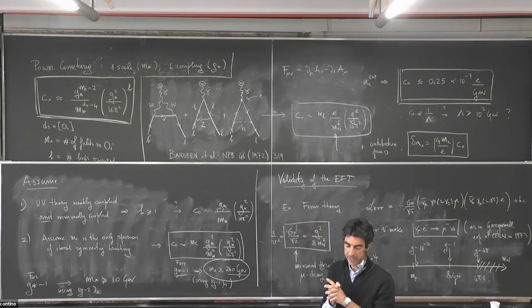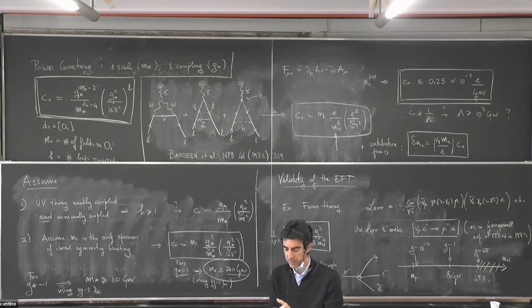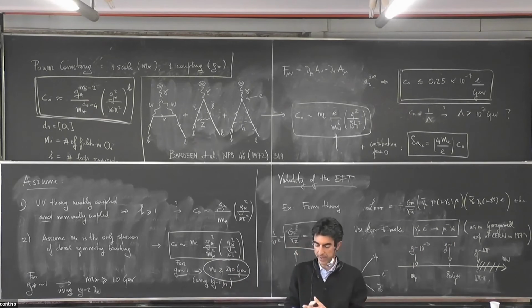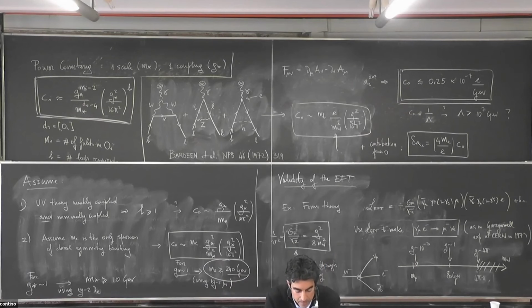Because of the following observations. First of all, we now have a complete picture of the standard model, because we have measured all the parameters, including the mass of the Higgs, which was the last missing piece.